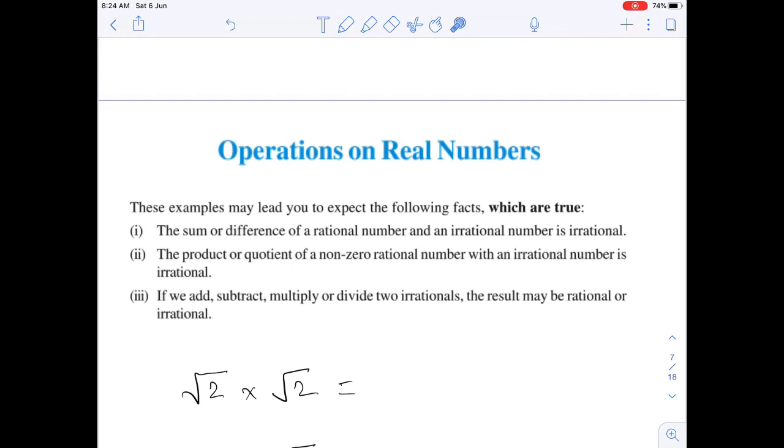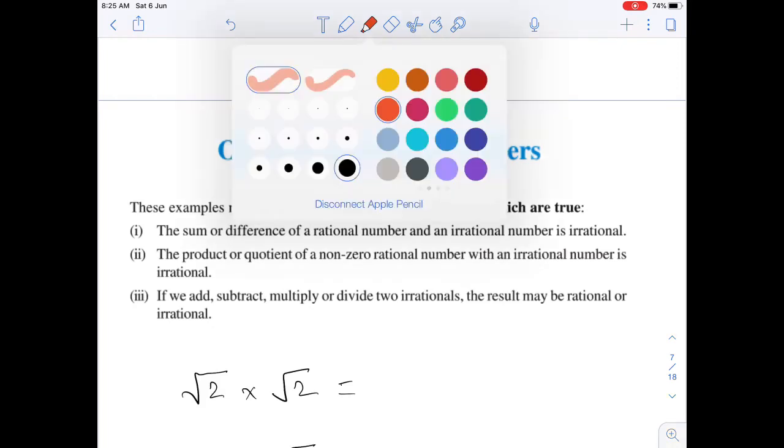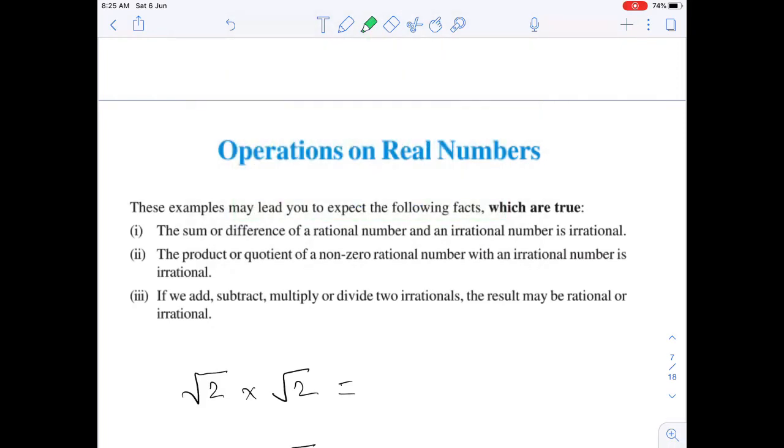So let us start. The sum or difference of a rational number and an irrational number is always irrational. Whenever we add or subtract a rational number and an irrational number, our answer will always be irrational.